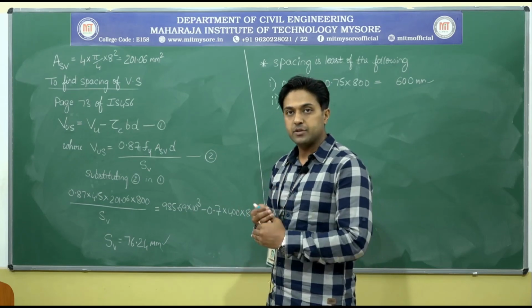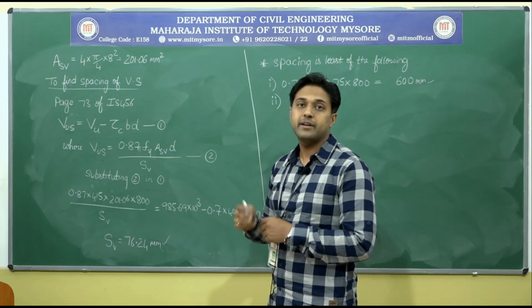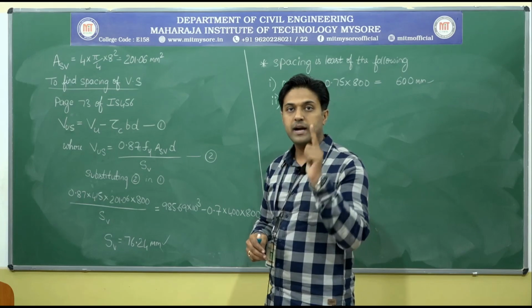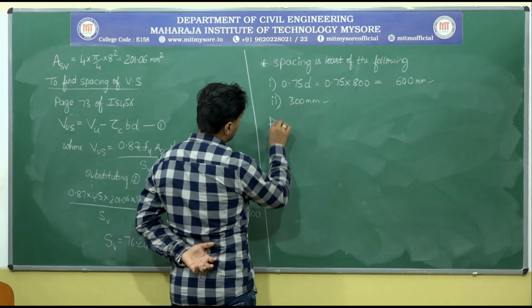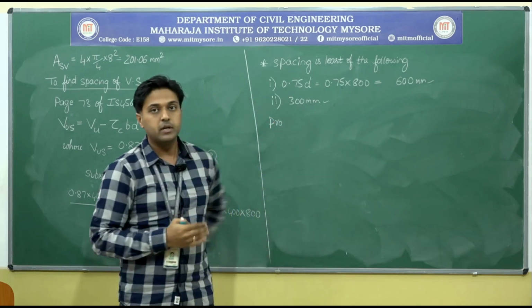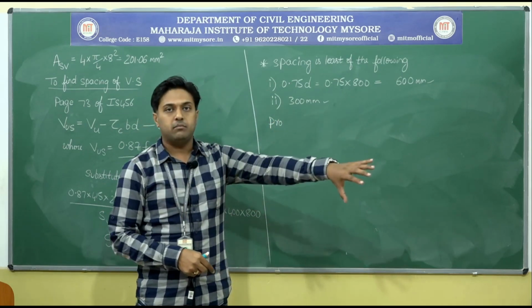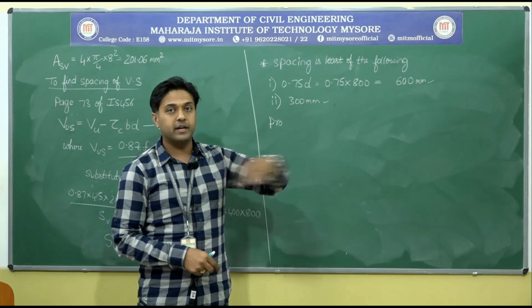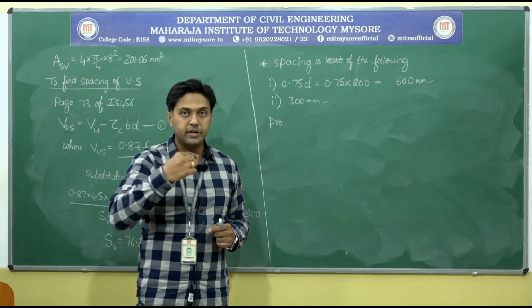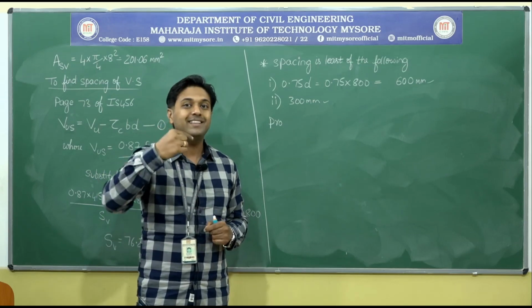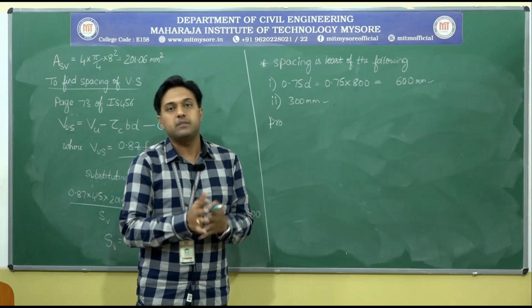So can I reduce it to 75? Because 75 means 3 inches. So hardly this much. So let me go with 75, but just remember, throughout the beam, what is the span of the combined footing? 7 meter. If you go on providing the vertical stirrups at a spacing of 3 inches, it will be too clumsy.